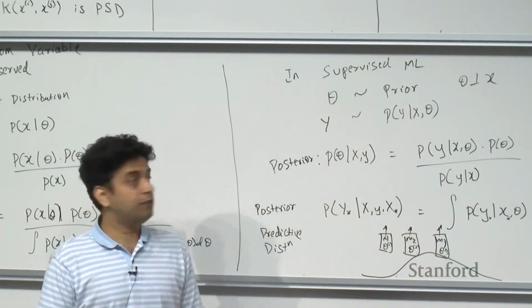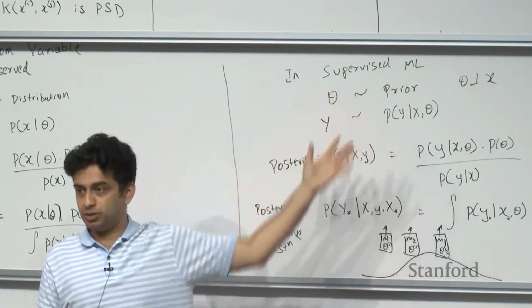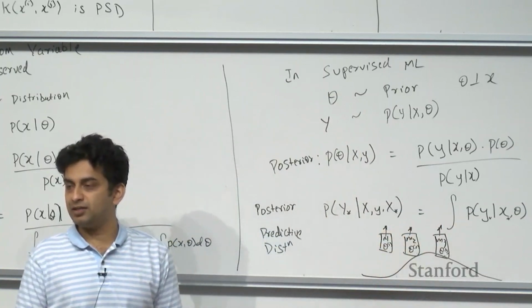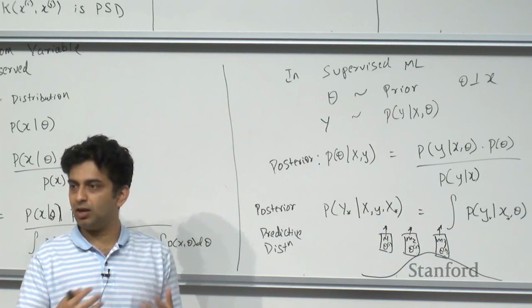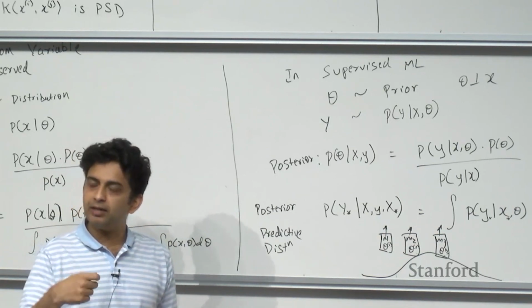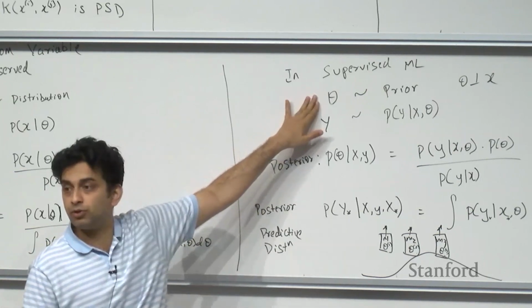Whereas, all else being the same, if you believe that your theta comes from, say, a Laplace distribution, then your prediction would be something different. And this is probably the biggest criticism against Bayesian methods, that there's a lot of subjectivism in play here, which comes into the picture based on what prior you're choosing for theta.